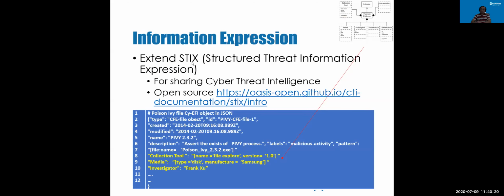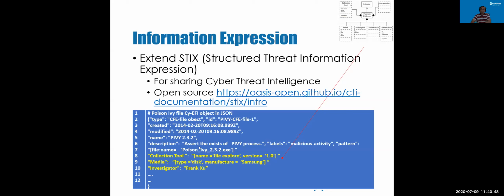For information expression, we're going to extend STIX, which stands for Structured Threat Information Expression, which was originally designed for sharing cyber threat intelligence. We extend STIX to express forensic evidence intelligence. So here's one example.